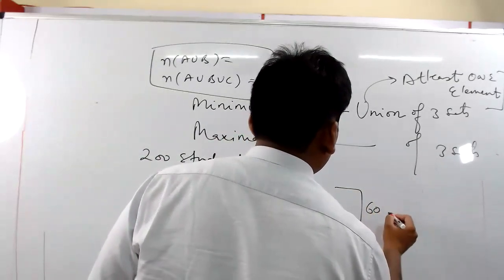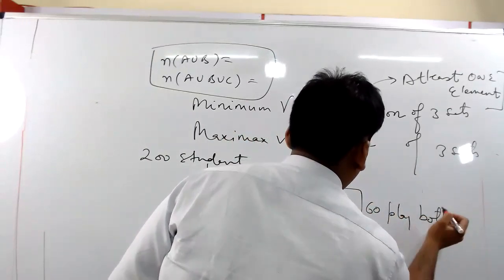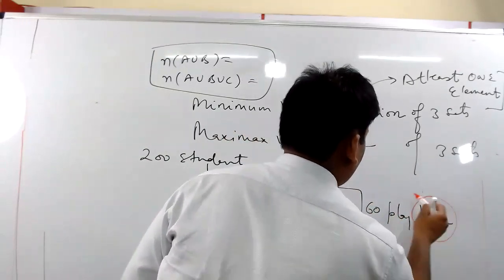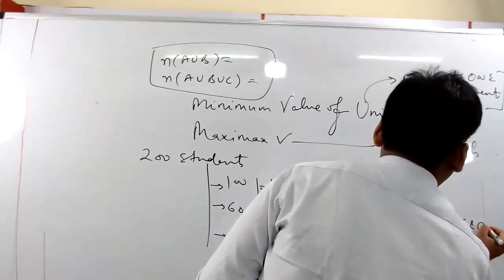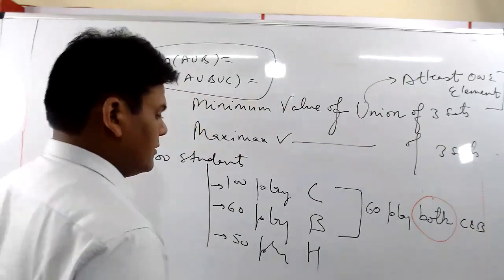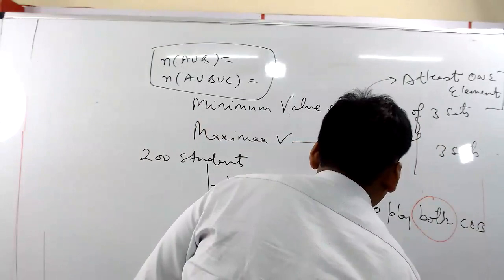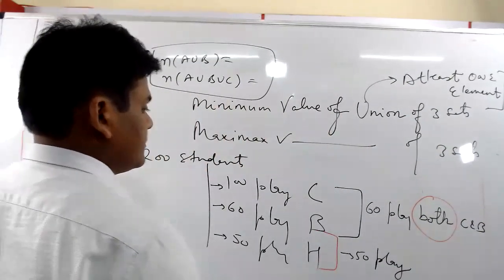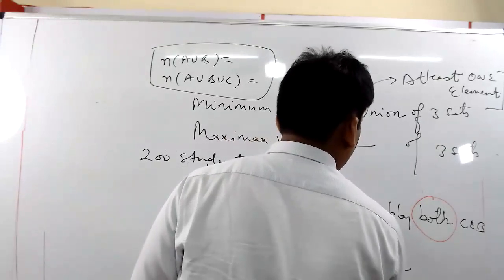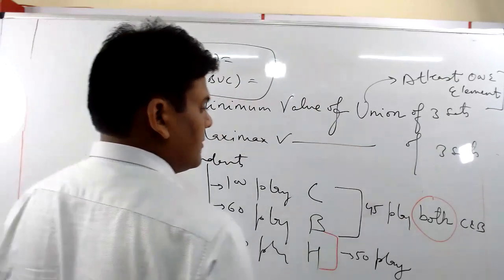Now, pay attention to the word both. 60 students play both cricket and badminton. I'm so sorry, 45 play both cricket and badminton.